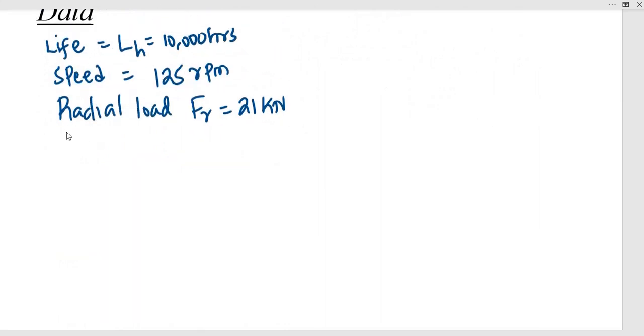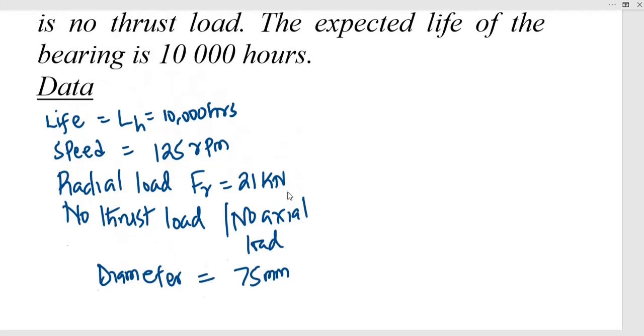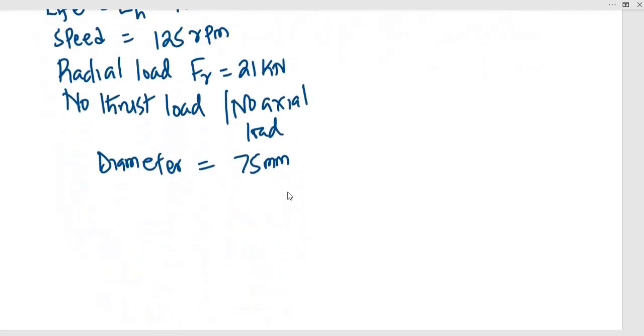We are told that there is no thrust load or no axial load. Then the diameter of the shaft is 75 millimeters.